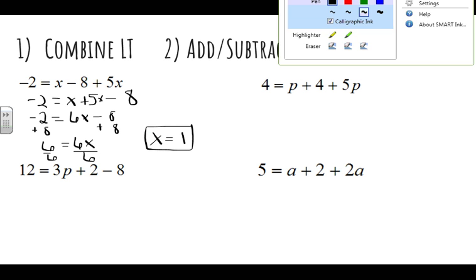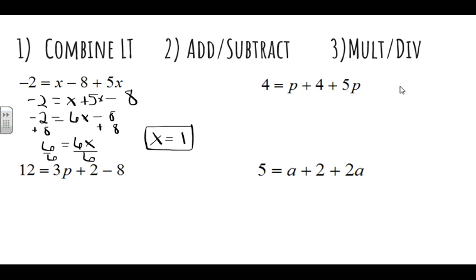All right. Let's change the color. All right, over here, 4 equals p plus 4 plus 5p. I'm not going to go through everything, but if we combine our p's, we would get that 4 equals 6p plus 4.